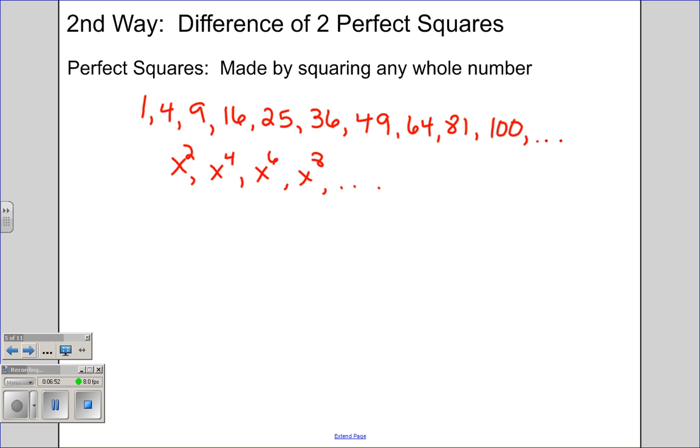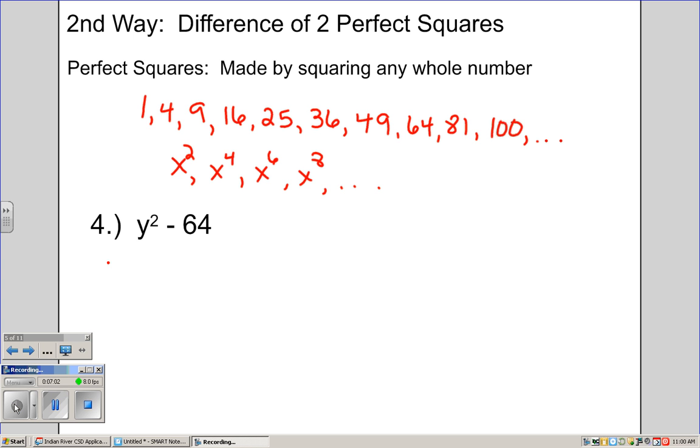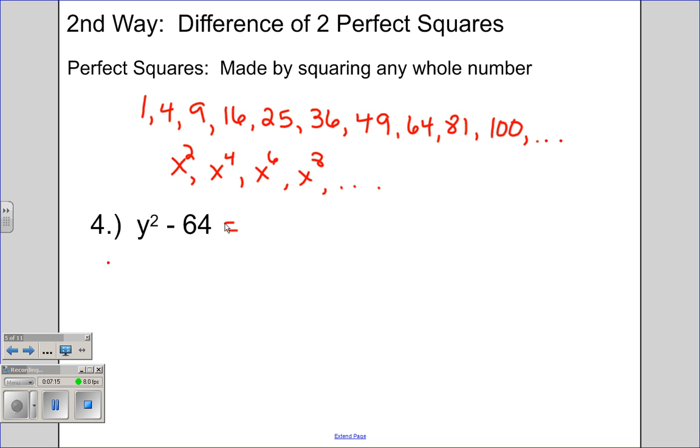So let's look at the first example. Y squared minus 64. Y has an even exponent, so it's a perfect square. And 64 is a perfect square because what number multiplied by itself, or squared, gives me 64?